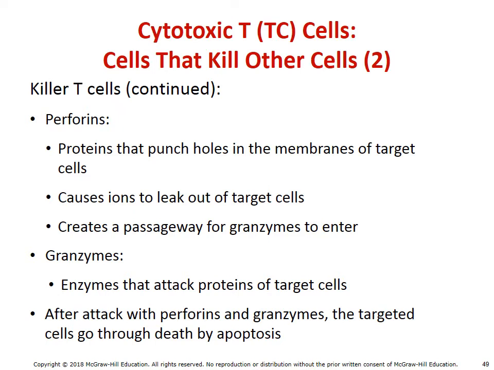That perforin then allows a secondary enzyme to come through called granzyme. And that granzyme then allows the cell to go through apoptosis. So we punch a hole with perforin, and then granzyme goes in and causes the cell to kill itself, which usually involves dumping of its lysosomes, which then dissolves the cell.